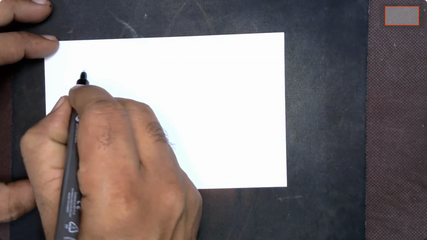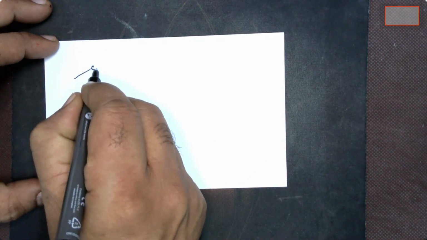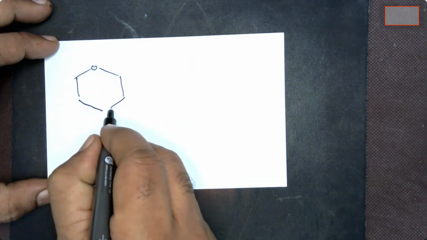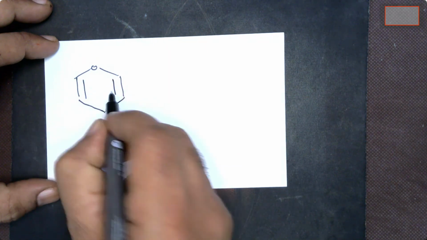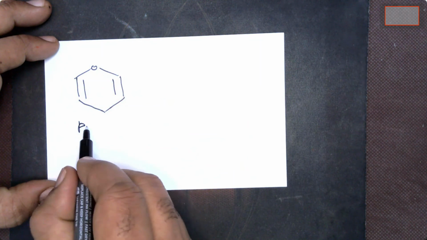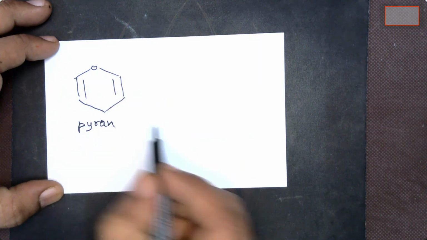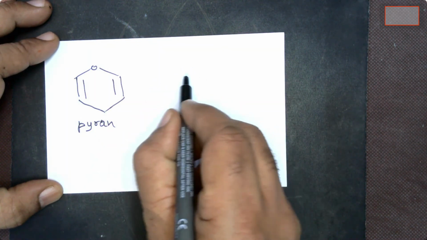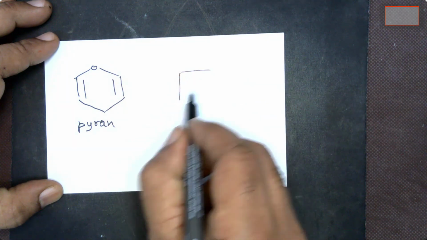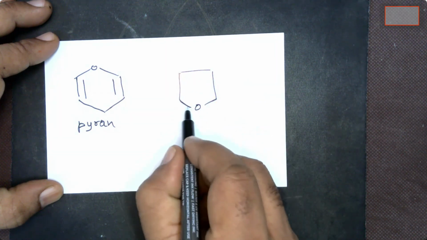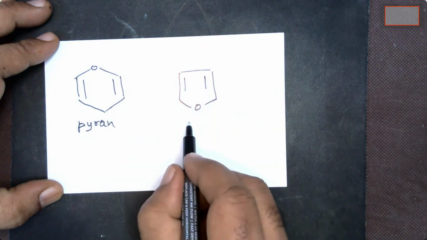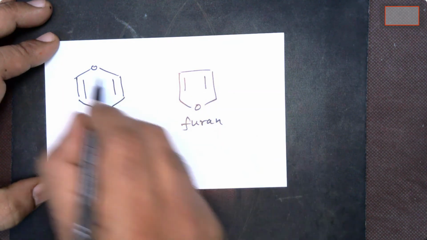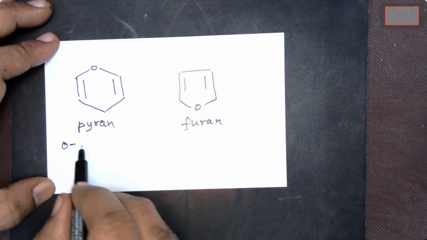This compound is called pyran, right? And we have got another structure that is known as furan. So furan, pyran, and there is a heteroatom. In both the cases, oxygen is the heteroatom.